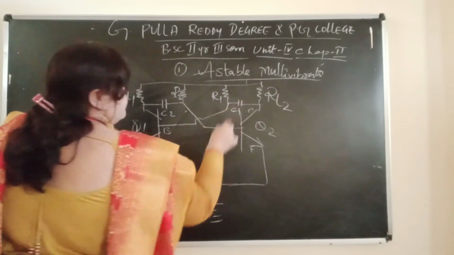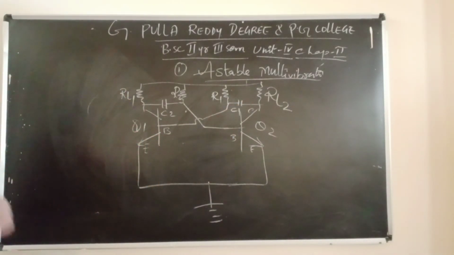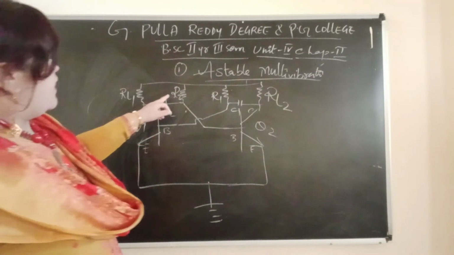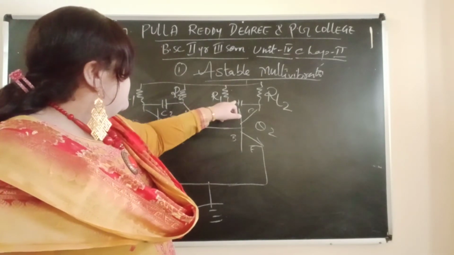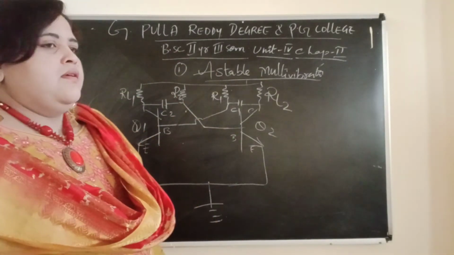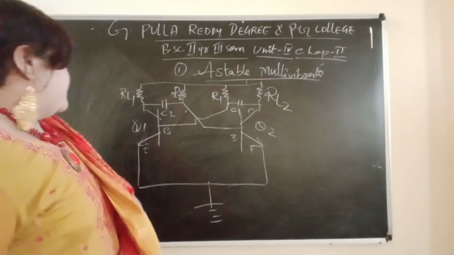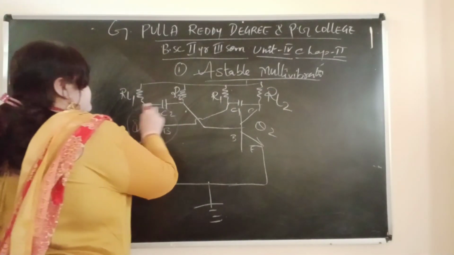Opposite you have to write. Feedback: R1 C1 from there and R2 C2, because it is going in the feedback form from here to this, here to this. That's why we have to connect here. Then mark a circle.